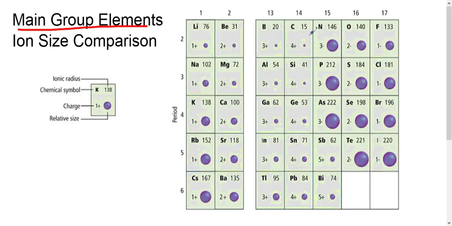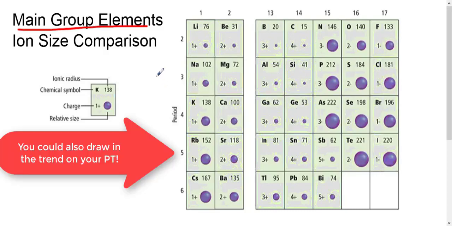But then when you go from carbon to nitrogen, there's a big jump because you're going from a cation to an anion. But then within the anions, within your nonmetals, the size is going to decrease again. Okay? So if you need to pause this and look at this more carefully and find these elements on your periodic table, I'd recommend you do that to understand ion size comparison.